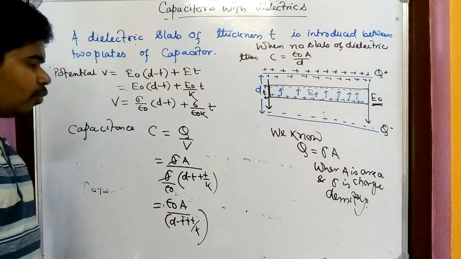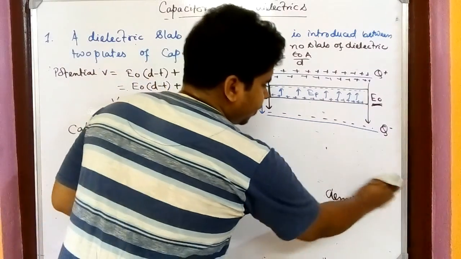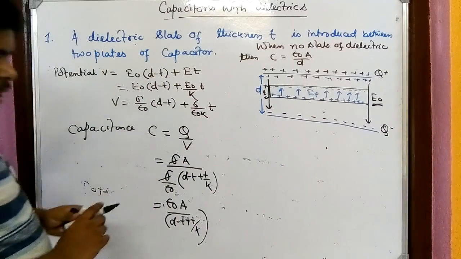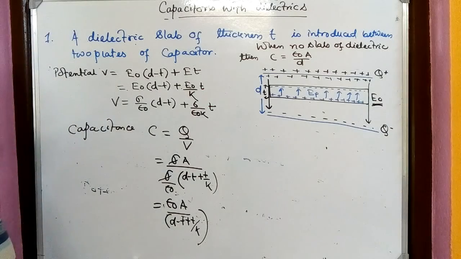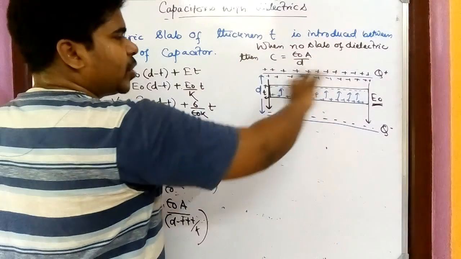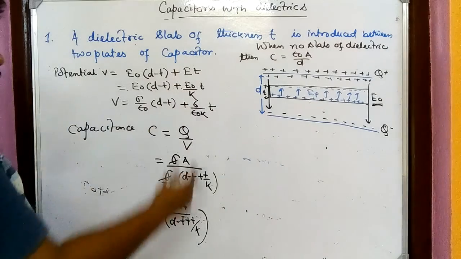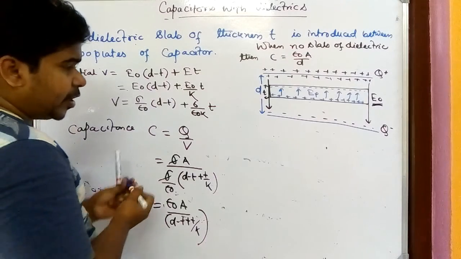Now here one question will come. Instead of taking a small slab of thickness T, if we take the whole slab, that means the full gap is taken by the dielectric slab, of size D. So here we have to mention a special case.